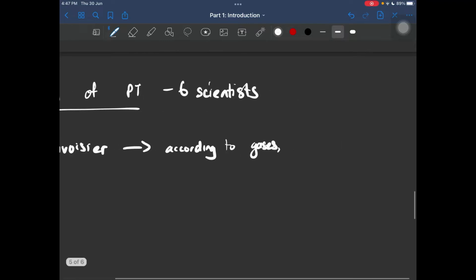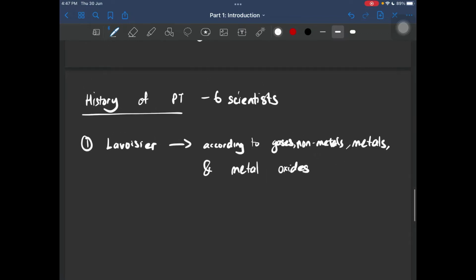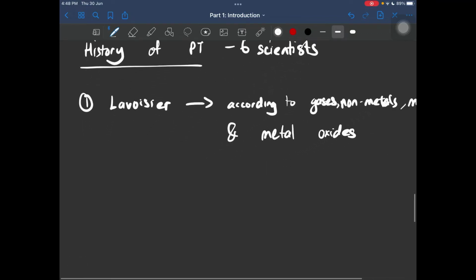gases, non-metals, metals, and metal oxides. So this is the first person who proposed a way to construct the periodic table.